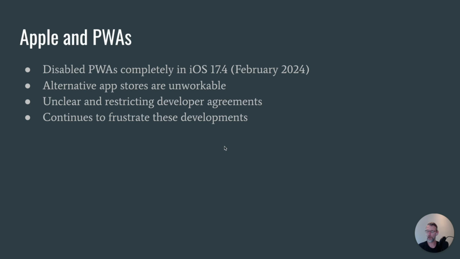And since the DMA dictates that all browsers should be treated fairly equally on iOS, Apple said, forget it, we cannot do this, we cannot implement this installation for other non-WebKit browsers. We'll just have to disable PWAs altogether, so then at least we won't get a fine. We treat them all equally, meaning no PWAs at all.